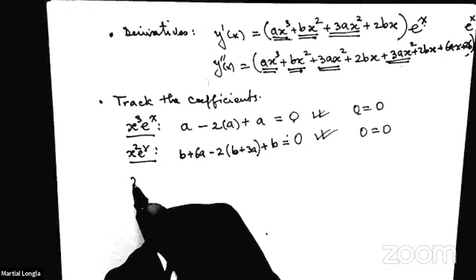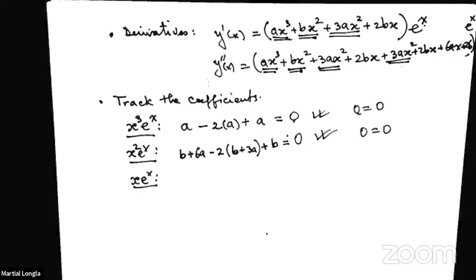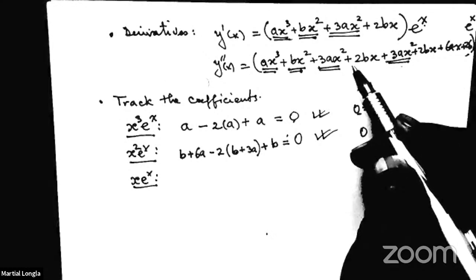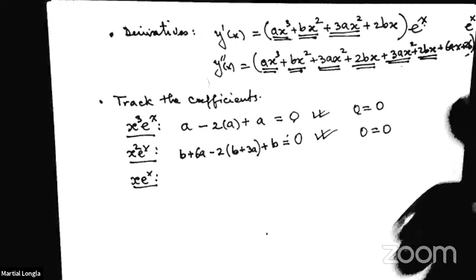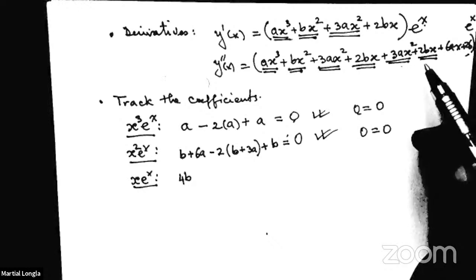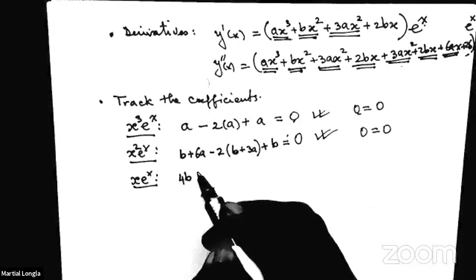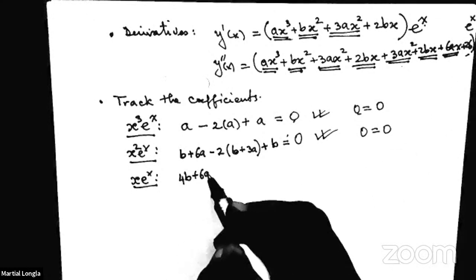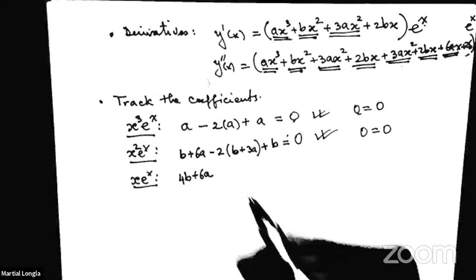Then we get down to x e to the x from x squared, and we track the coefficients of x e to the x. So we look 2b, so that's 4b. Then we got 6a. That's it. No more x e to the x.